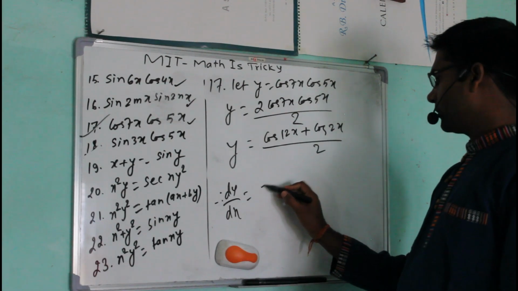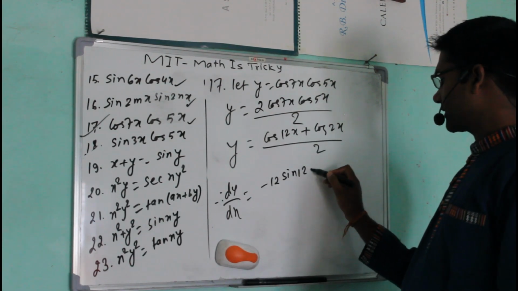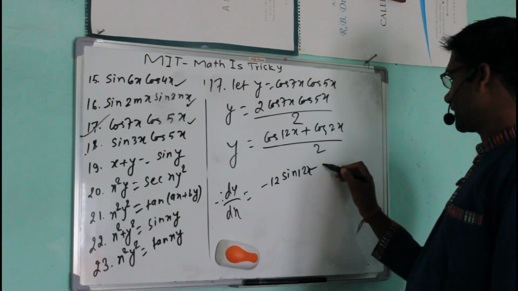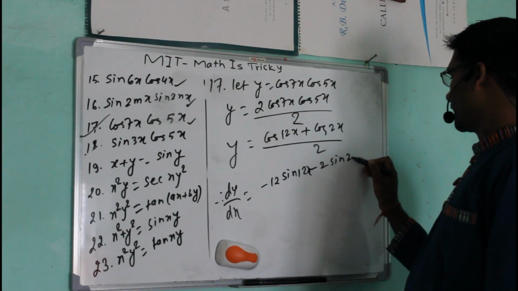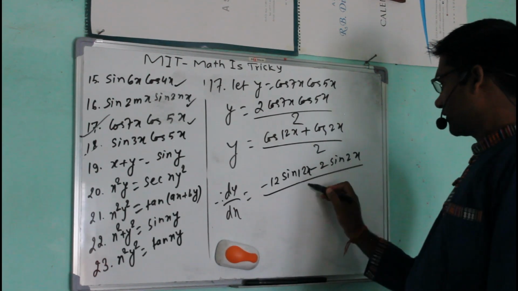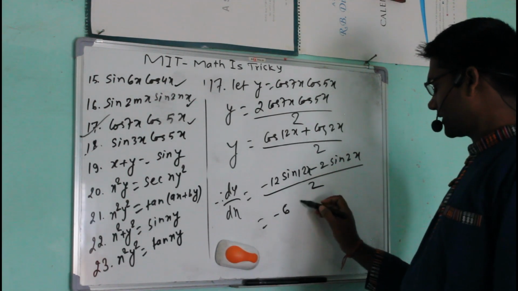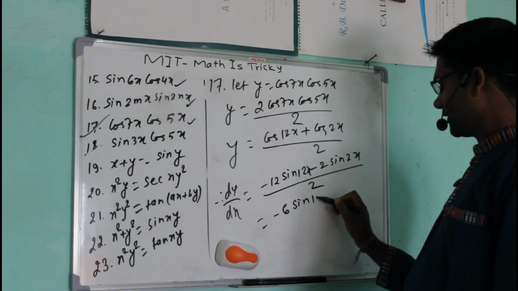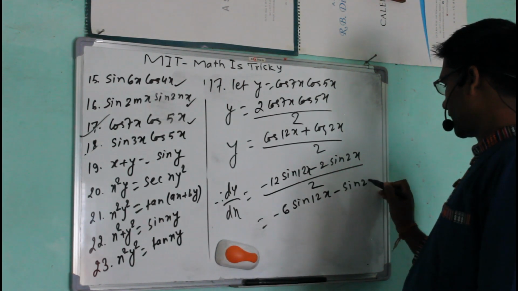We get dy by dx simply, the derivative of cos is negative, so it will be minus 12 sine 12x minus 2 sine 2x, all by 2. So we'll get here minus 6 times (sine 12x minus sine 2x).